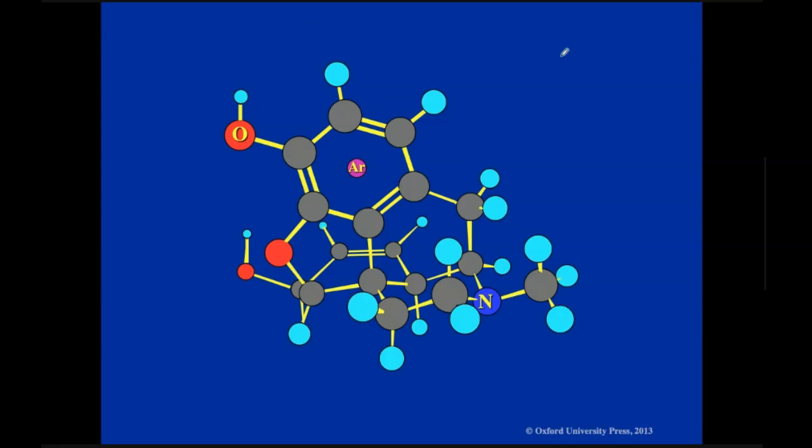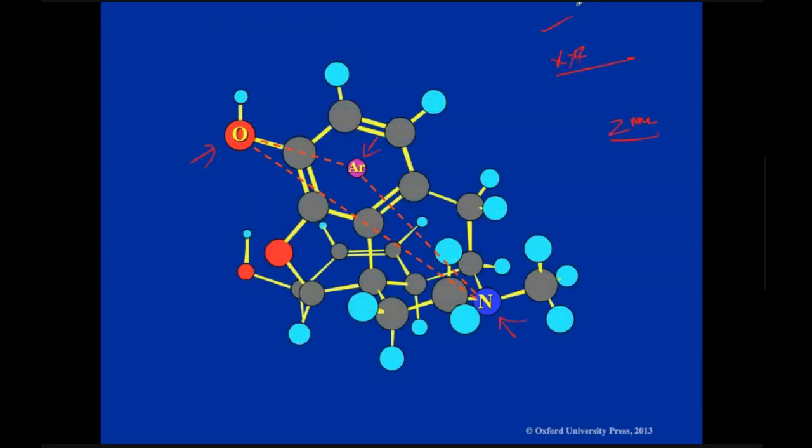We can produce the xyz coordinates for this molecule, and we come to know the xyz position for this oxygen, for this AR, and for this N. We can compare that with a derivative of morphine: whether the same oxygen is at the same atomic coordinate, whether the aromatic ring is present at the same atomic coordinate, and whether the nitrogen is present at the same atomic coordinate, either using the xyz matrix or the z matrix, right? Mostly we prefer to go with the xyz matrix.